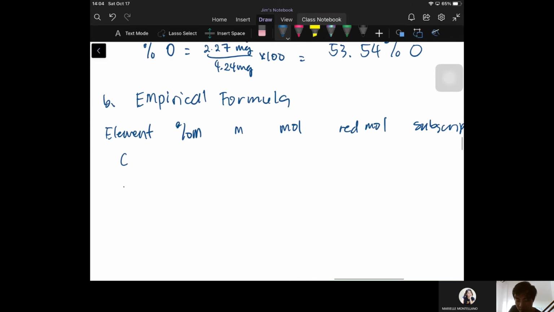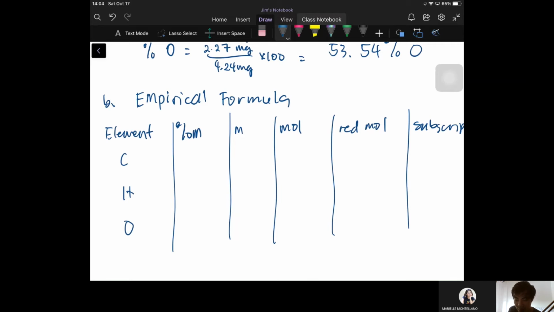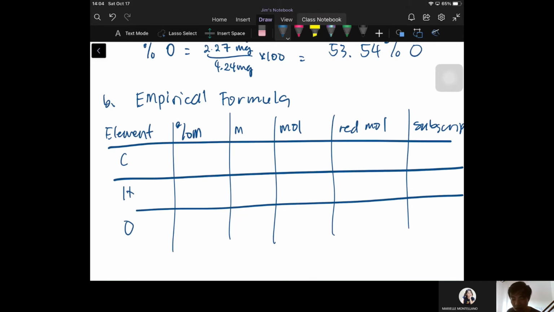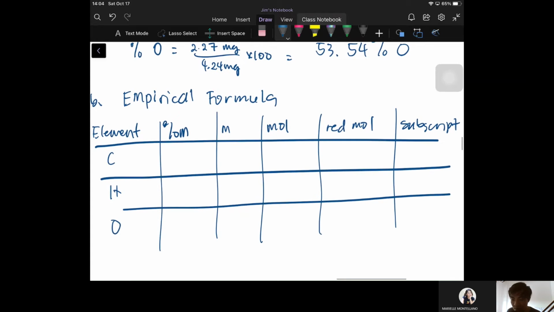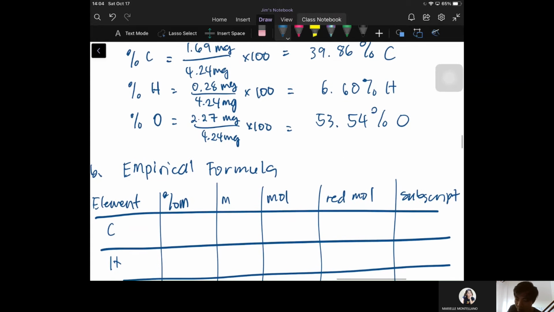So yan, carbon, hydrogen, oxygen. Okay, so ganun. Kunin ko na yung percent mass. Nandito lang naman yun. 39.86. Okay, so ibig sabihin yan, yung mass niyan ay 39.86 na lang din. Assume 100 grams.